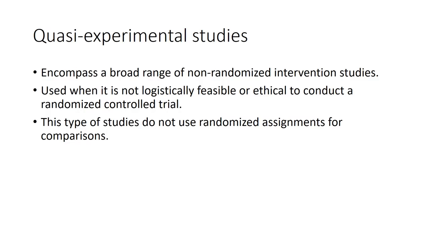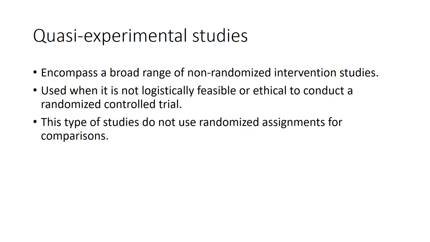However, quasi-experiment studies, you can think of it as a hybrid system between observational and experimental studies or clinical trials. So in a quasi-experiment, there is an intervention. However, this intervention is not randomized, which makes it fall under the umbrella of pharmacoepidemiological studies, not non-randomized clinical trials.